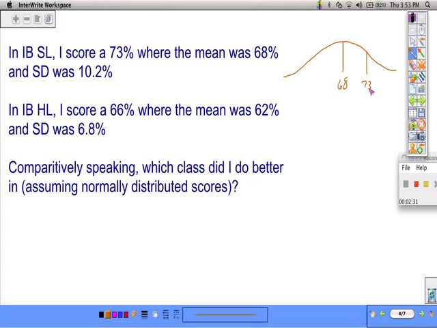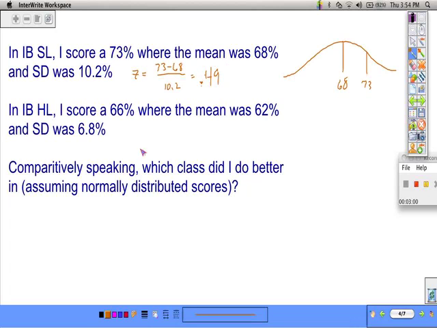To find the z-score, we're going to do 73 minus 68, our score minus the mean, divided by the standard deviation. And that is equal to 0.49. That means I'm almost half a standard deviation away from the mean there.